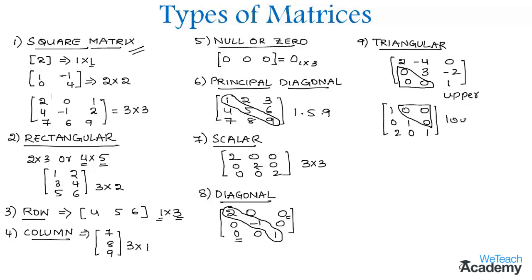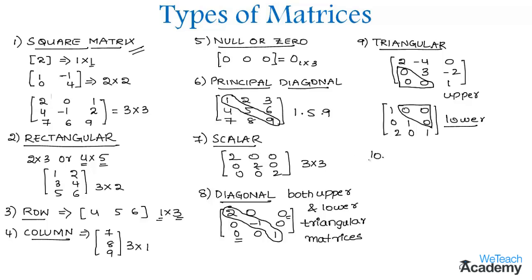And this type of matrix is called a lower triangular matrix. In short, we can say that triangular matrices consist of both upper and lower triangles. So hence here we can see that diagonal matrices consist of both upper and lower triangular matrices.